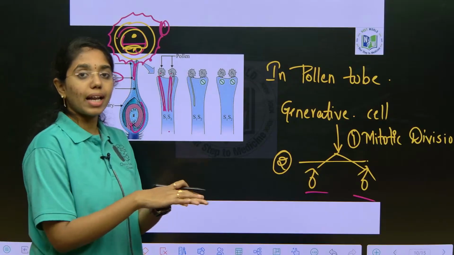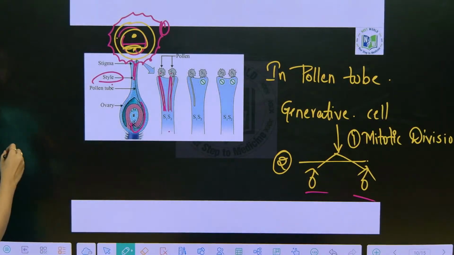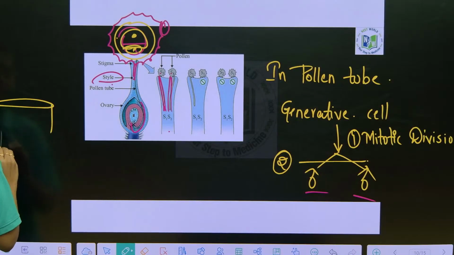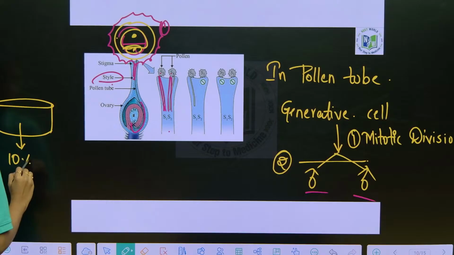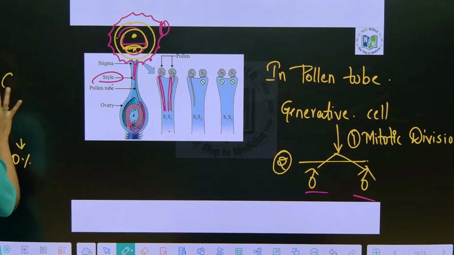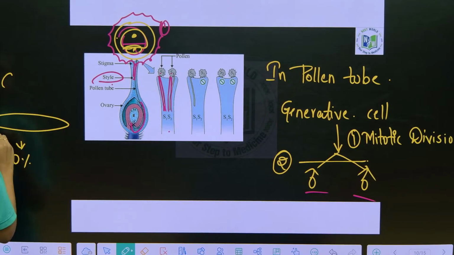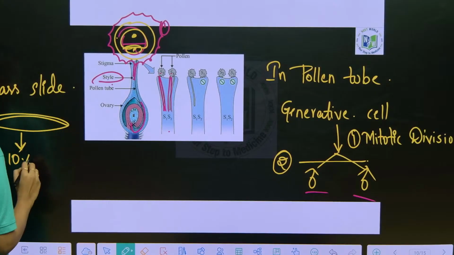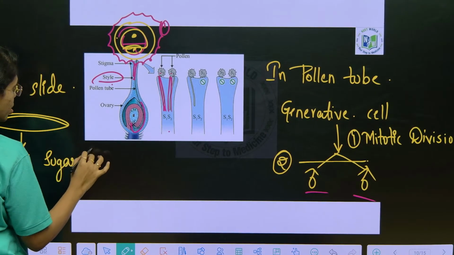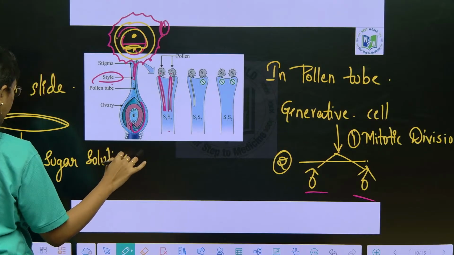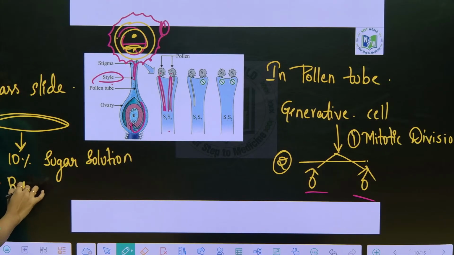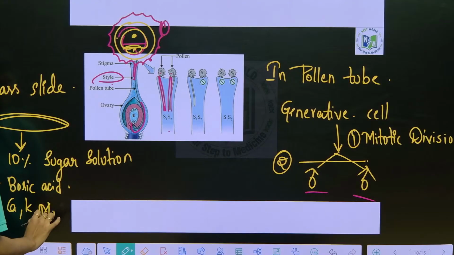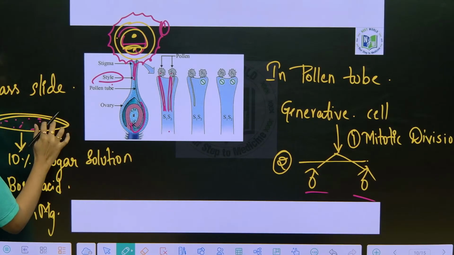What you have to do is, in a glass slide, take 10% sugar solution, and provide it with boric acid and some minerals like calcium, potassium, magnesium, and dust the pollen grains on the glass slide.